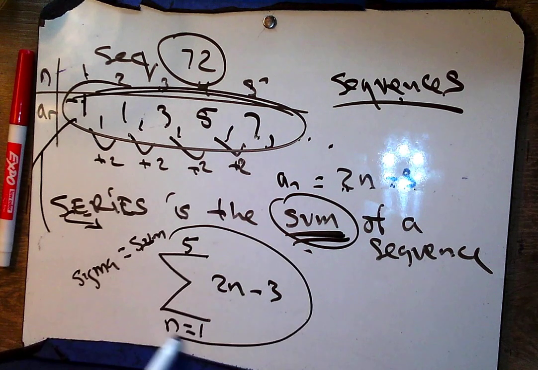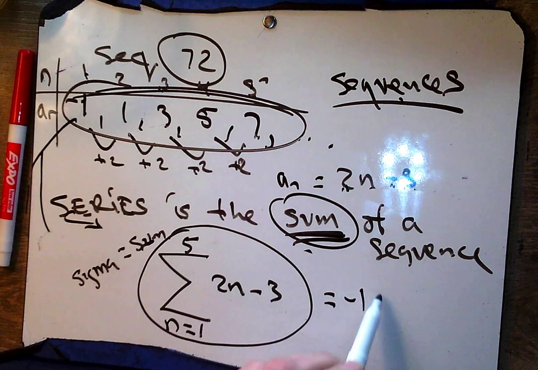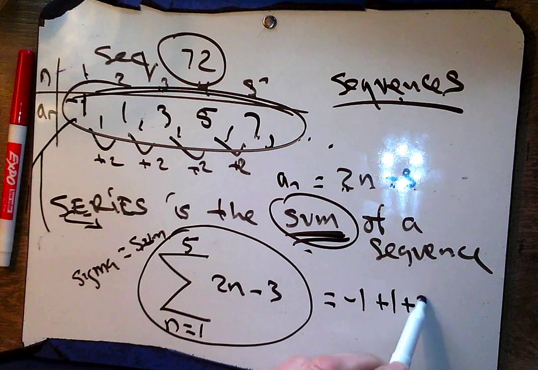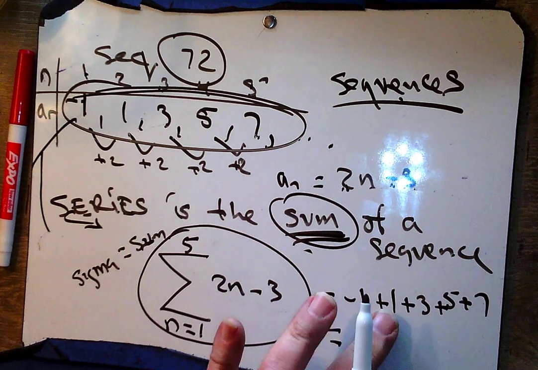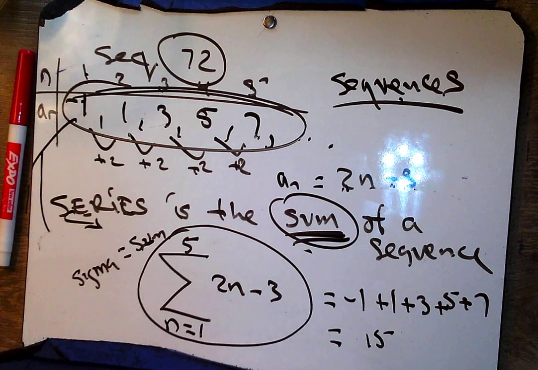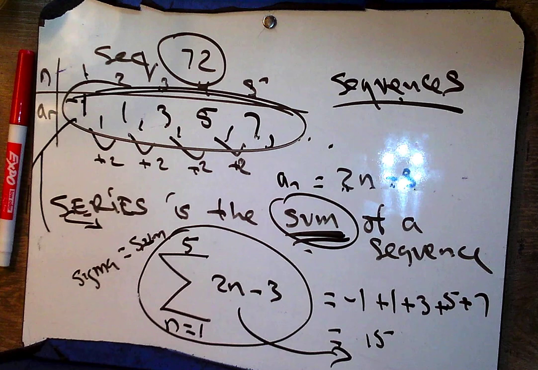So this means -1 plus 1 plus 3 plus 5 plus 7, and so we get 15. So when we see this notation, we should have some way of getting us to 15.